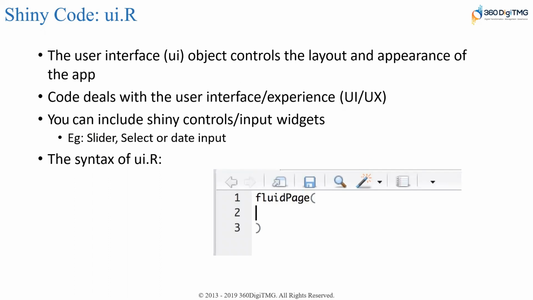So user interface and user experience are taken care of in the UI.R object. It includes all the sliders, date inputs, and visualizations. Is it a checkbox? Is it an input box? Is it a drop-down box? These kinds of widgets are given upfront, and we will be using these in the user interface object part. And this is the default syntax that should be there for the user interface. It all starts with fluidPage, and within the brackets we give the code.